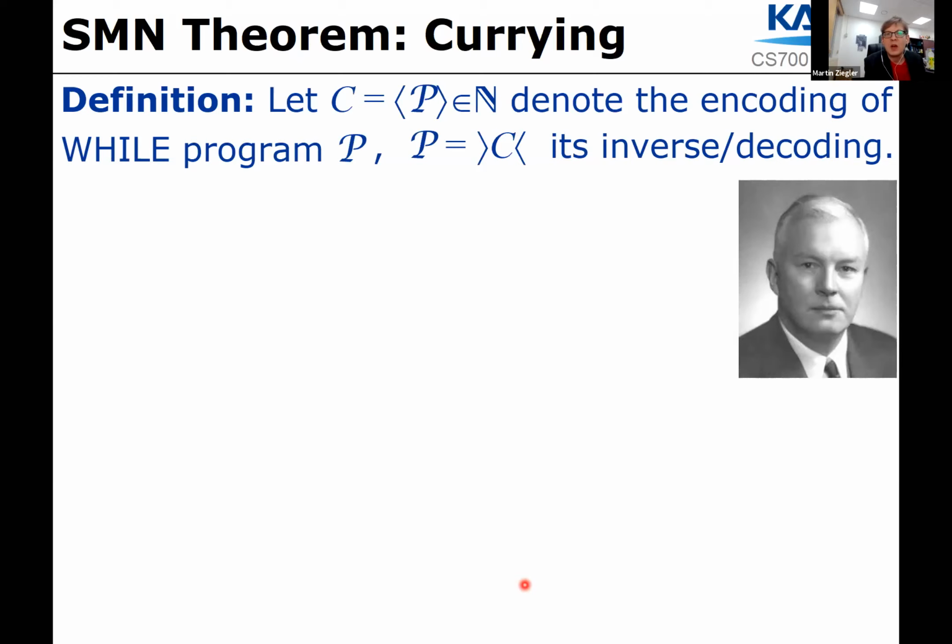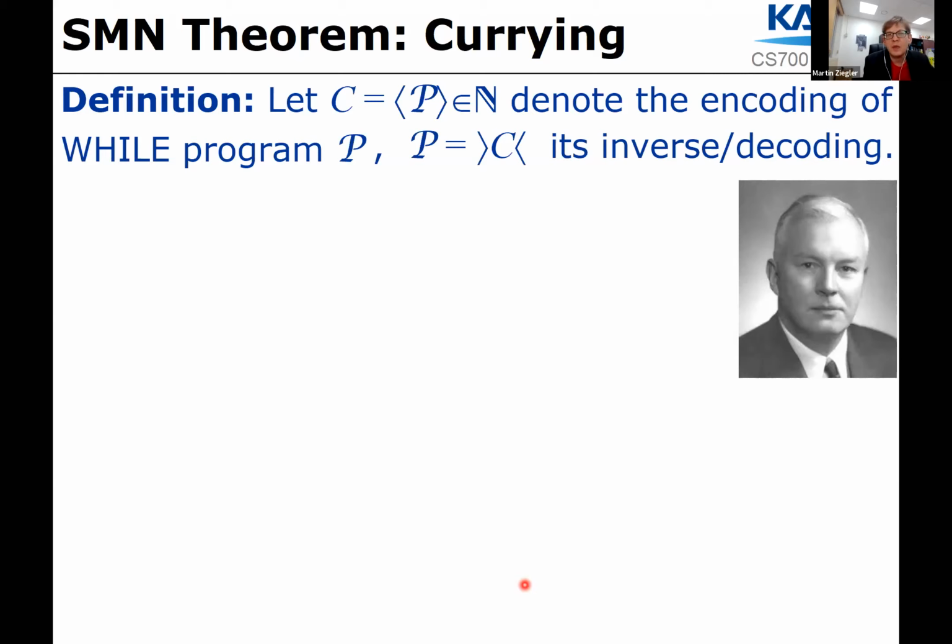So when we operate on programs, that is again the same as operating on natural numbers. It was important, for instance, to prove undecidability of the halting problem.